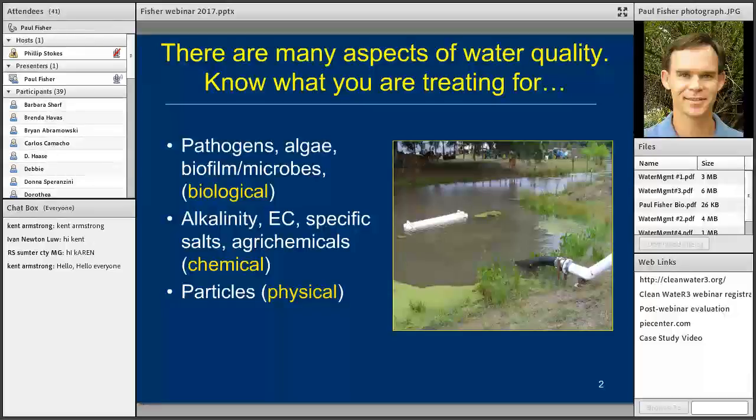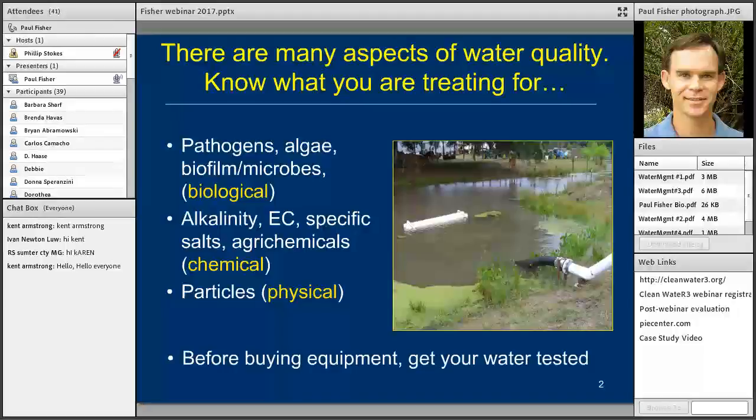But there may be some specific salts. It might be high iron or calcium magnesium, hard water, that might be causing issues. In addition, as we're using agrochemicals that may be running off into our recirculated irrigation water, agrochemicals can be another type of chemical problem. There are also physical issues that are dealt with by filtration. So this would be where we've got particles in our irrigation water.